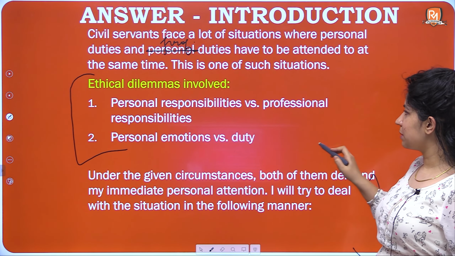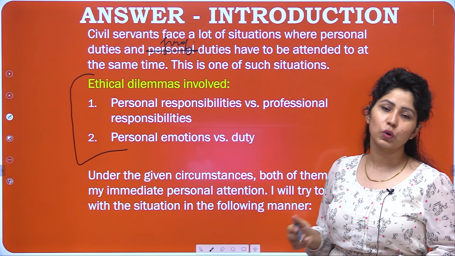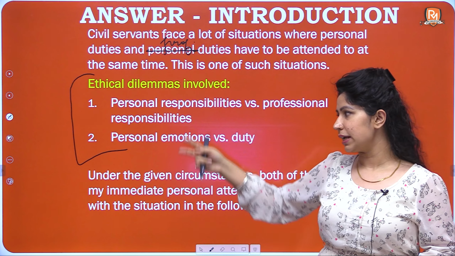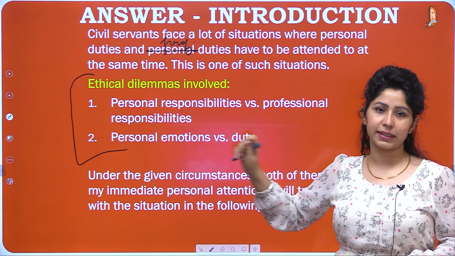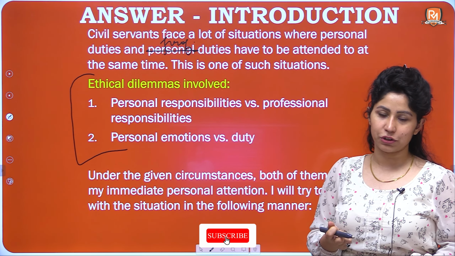So, personal responsibilities versus professional responsibilities, and personal emotions versus duty. You can also paraphrase it in whatever way you write, but make sure that you write these two ethical dilemmas.